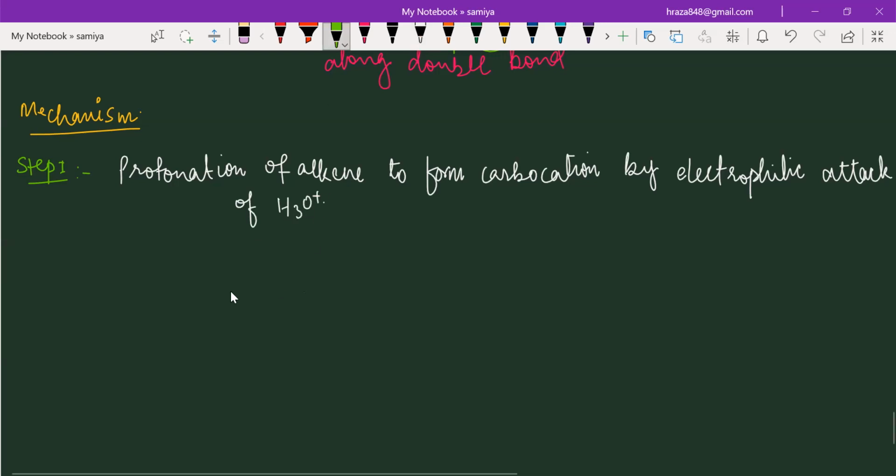Now you can see you have water in which H plus is present. That means it will go and react with this and form H3O positive, which is known as hydronium ion.